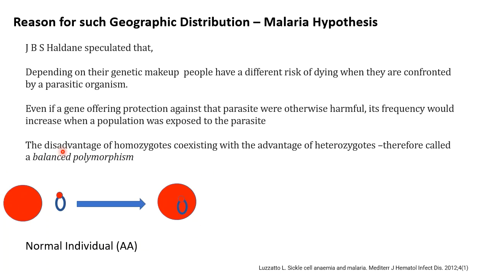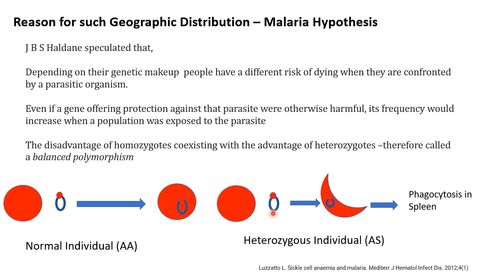Now, why this happens is, in a normal individual, if a person is affected with the malaria parasite, it enters into the erythrocyte cycle of the malaria cycle, and there would be duplication and a greater number of copies of the malaria parasite will be made.